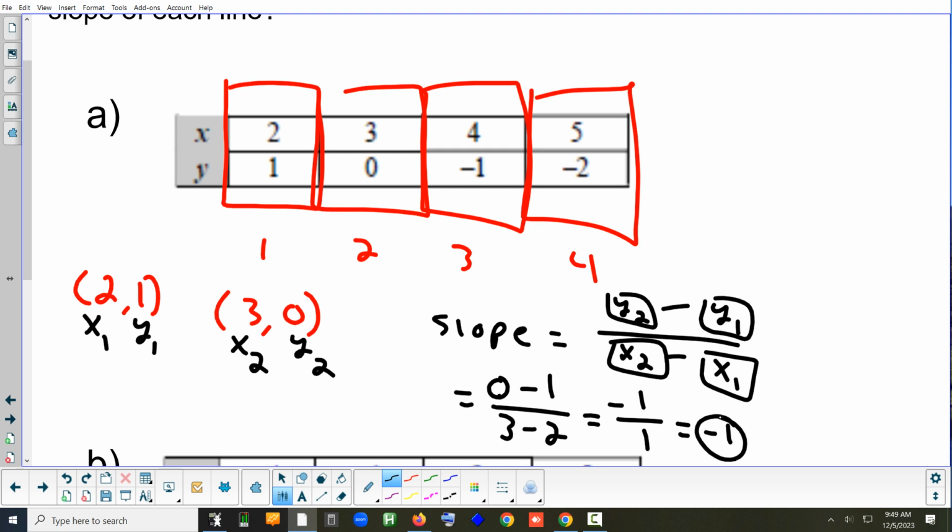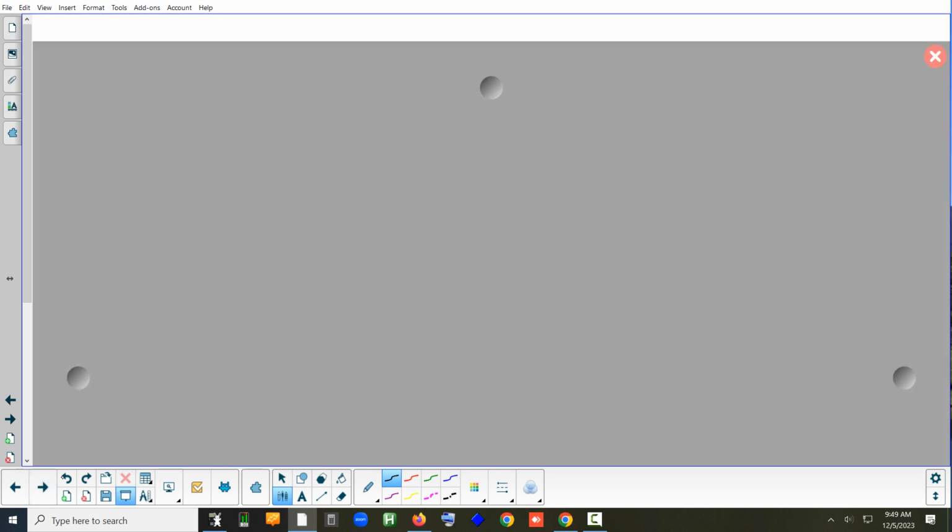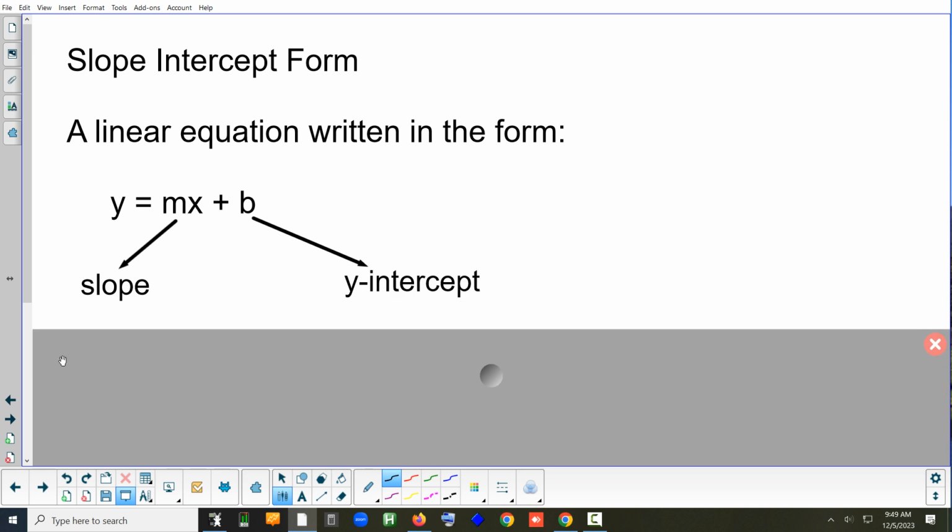Okay, I'm going to skip the second table and go right to the last question, which is the easiest question. So the last way they could ask us to identify slope is in an equation.